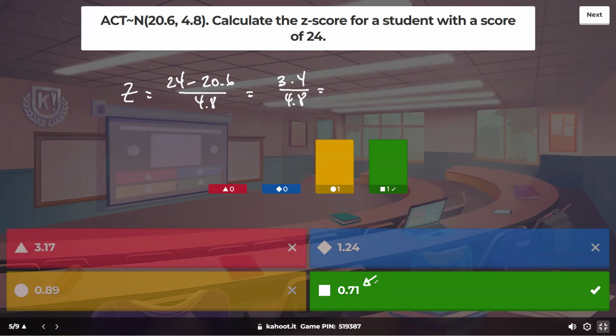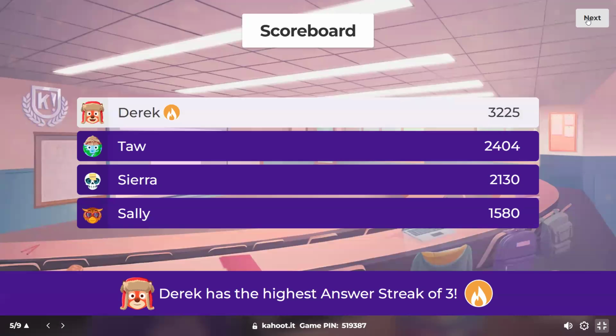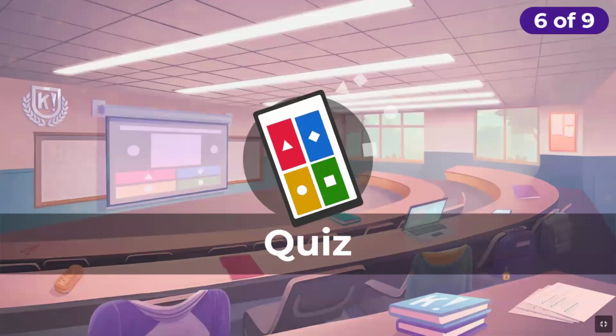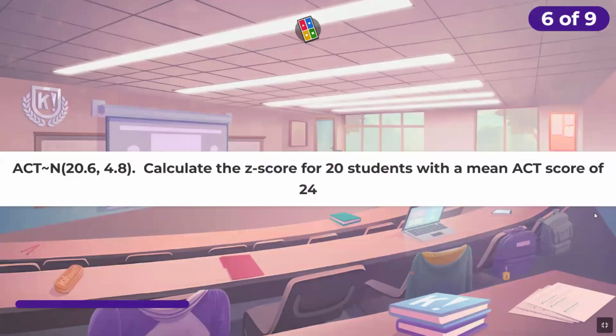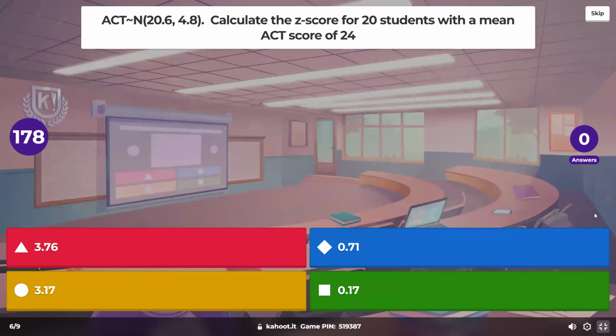Okay, calculate the z-score for 20 students now. Now are we dealing with a sample mean? Yeah.